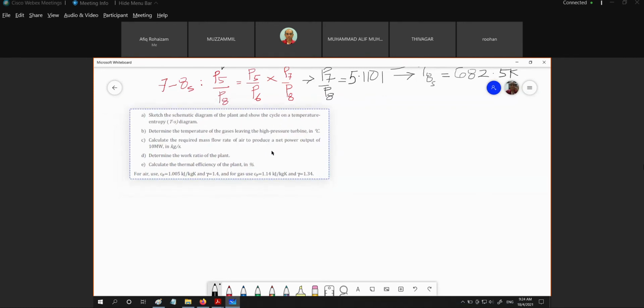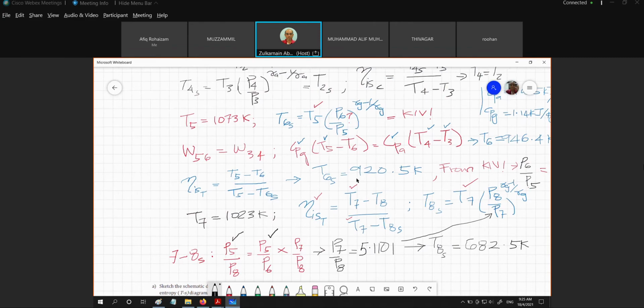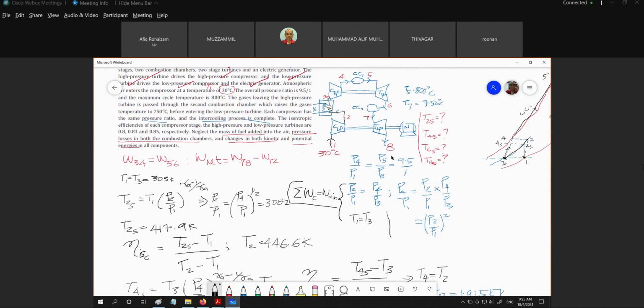So this is the rest of the question. Sketch the schematic diagram of the plant and show the cycle on the temperature entropy diagram. We have done that. And then B, determine the temperature of the gases leaving the high pressure turbine, which is T6.